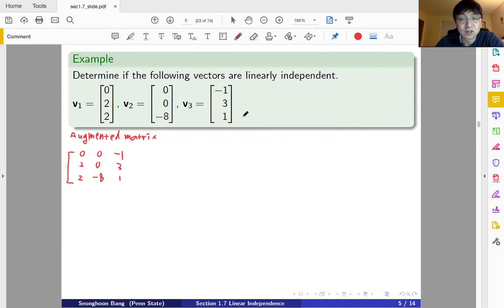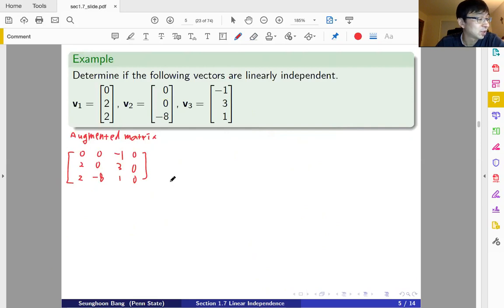This is a homogeneous equation. You can write the constant part 0, 0, 0, exactly the same as the previous example. The next step, you can change this one to the echelon form.